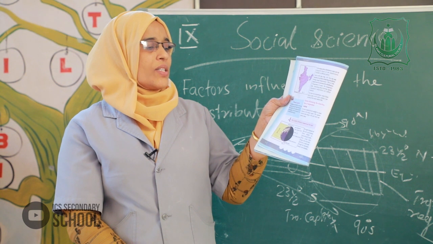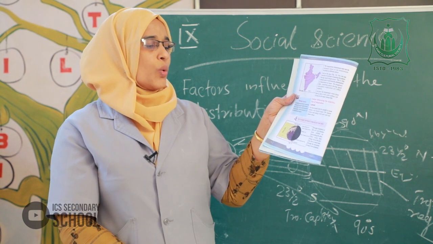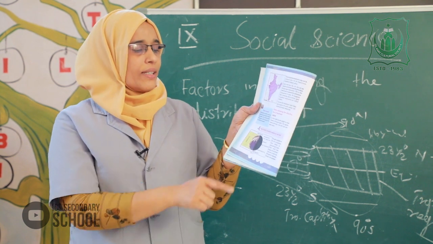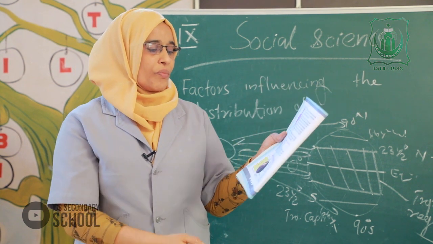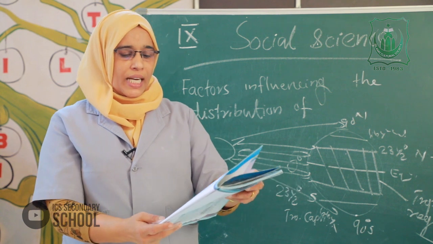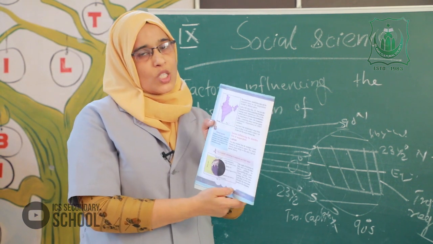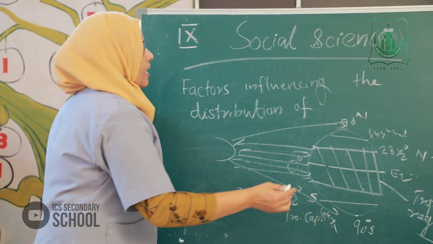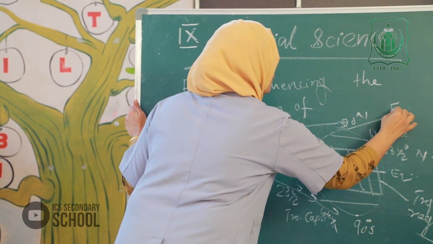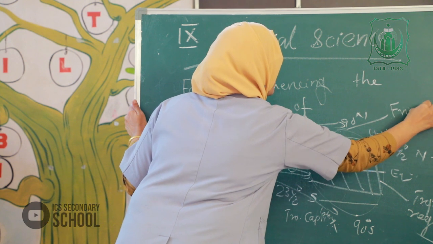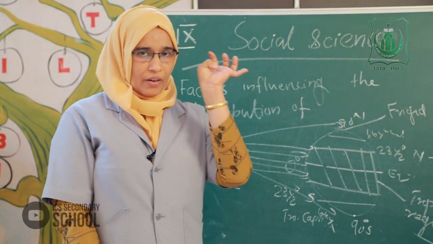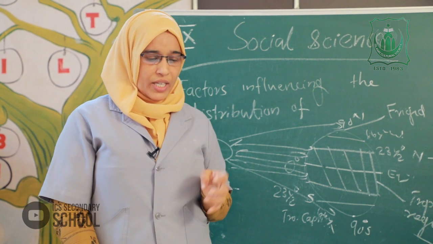The sun rays have to travel more through the atmosphere owing to the inclination. How is the temperature distribution in the frigid zone? What means frigid zone? This is the frigid zone. Very low temperature.